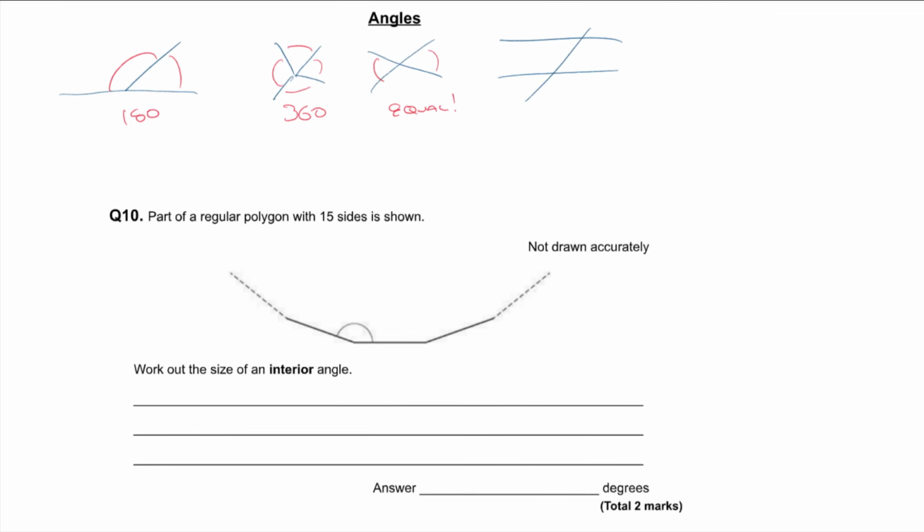So we've got corresponding, alternate, and co-interior. You need to know about those.